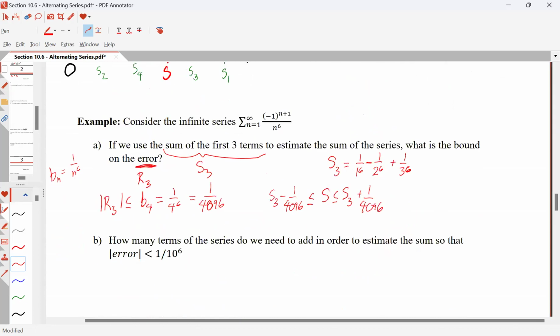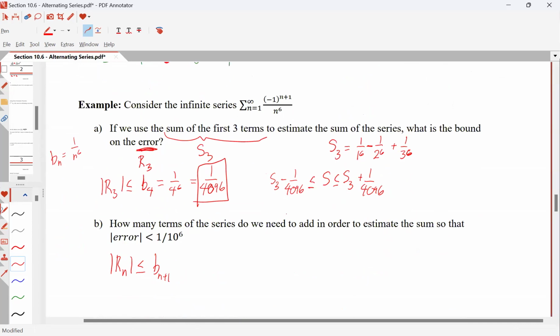Now, how many terms of the series do we need to add in order to estimate so that we have an error that is less than 1 over 10 to the 6th? Well, we want our error, which is less than or equal to the next term in the sequence, to be less than 1 over 10 to the 6th.